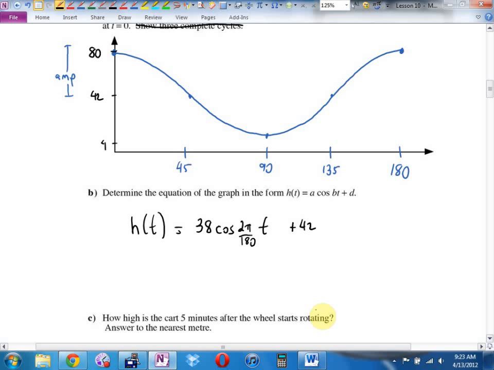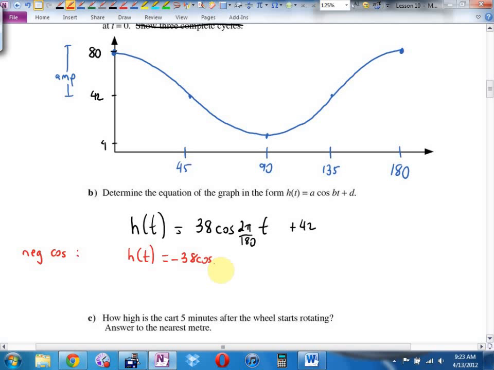Just for the heck of it, what if I wanted to write it as a negative cos? Except I'll change colors. It would still be h of t, it would be negative 38 cos. Would the middle of the graph change at all?